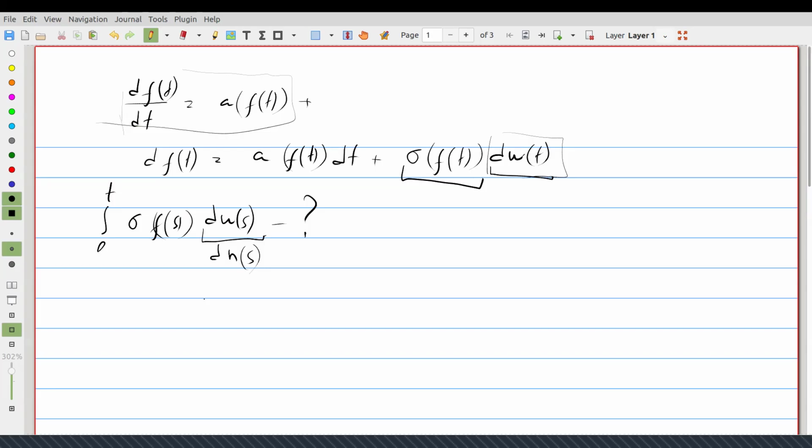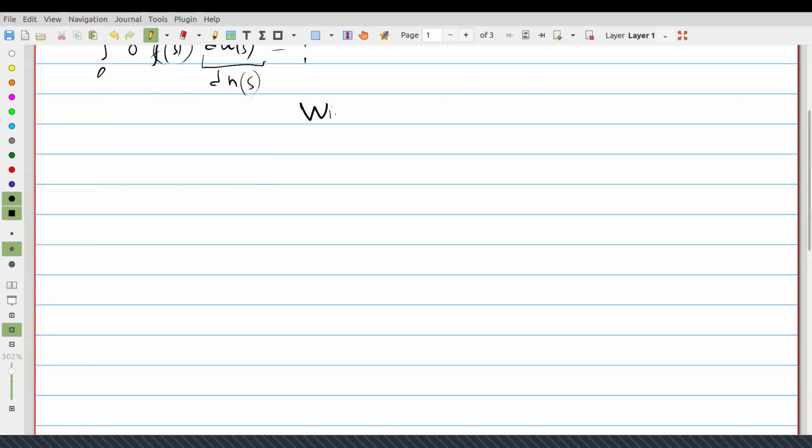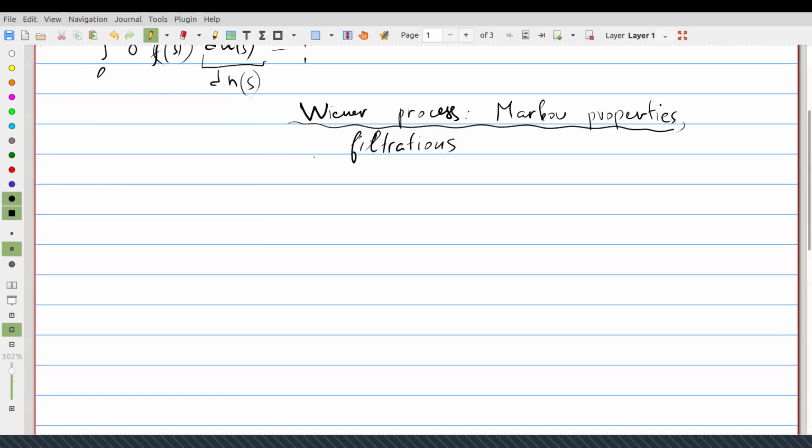But regardless of what we intended to do, we will start with discussing Wiener process today. More precisely, we will talk about Markov properties and filtrations, because filtration is the object that is necessary to start the theory of stochastic integrals.